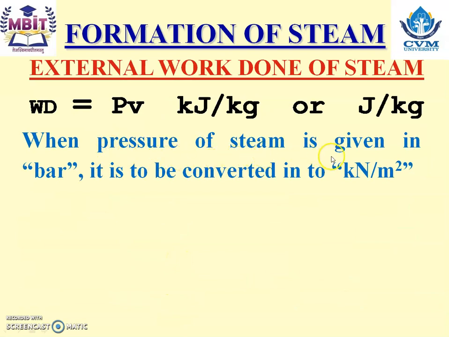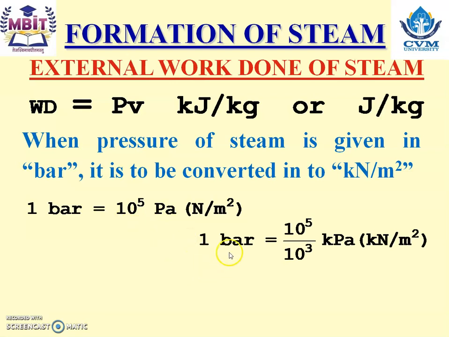So when the pressure of steam is given in bar, it is to be converted into kilonewton per meter square or Newton per meter square, that is Pascal. So how can we convert? 1 bar is equal to 10 raised to 5 Pascal, that is Newton per meter square. So 1 bar is equal to 10 raised to 5 divided by 10 raised to 3 kilopascal or kilonewton per meter square.